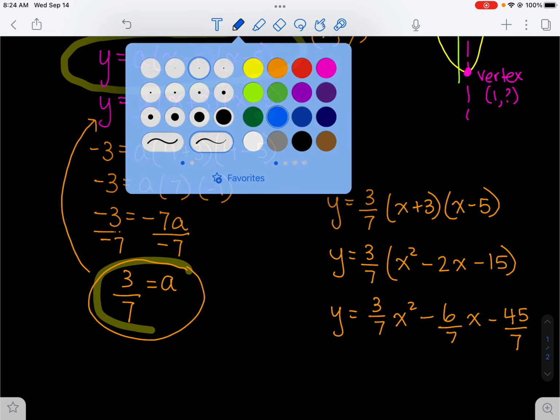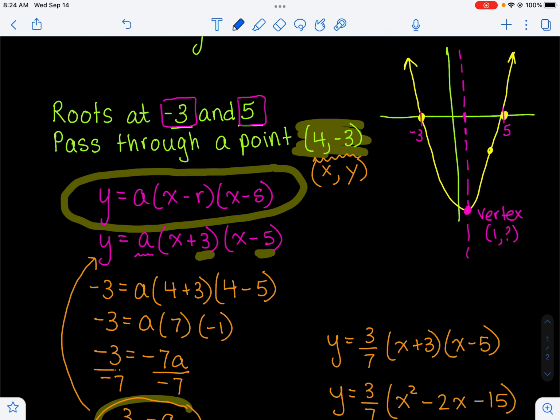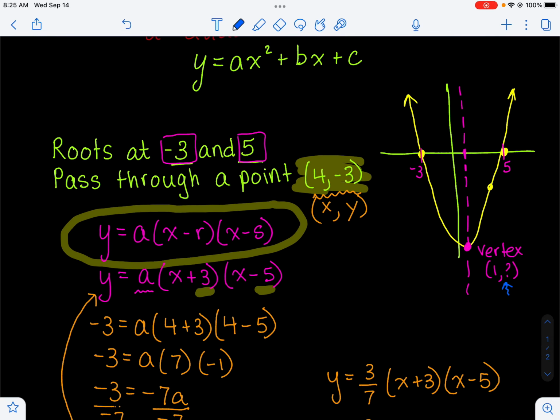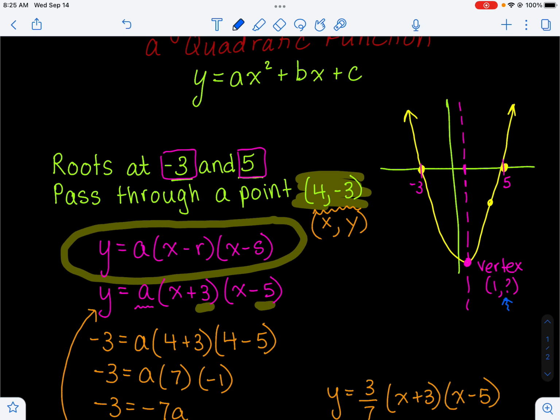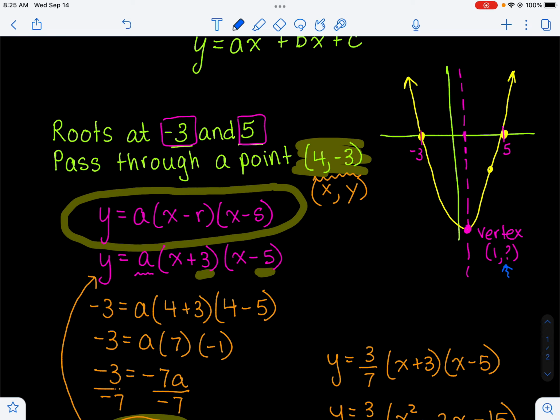I was thinking it might not be bad to go through vertex form, but give it a try and see, would you be able to find the y value of the vertex? Is there another way that you could figure out the equation of this parabola? Maybe. So that's how you could create an equation of a quadratic function if you're given the roots and it passed through a point. So you have to be ready for any information.